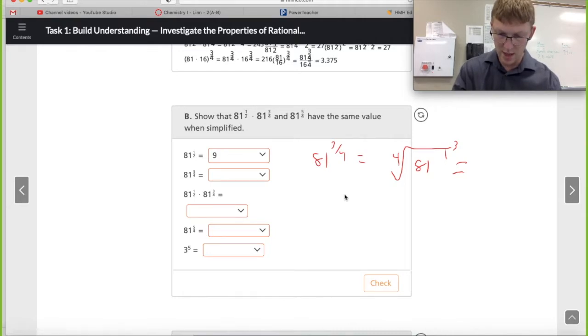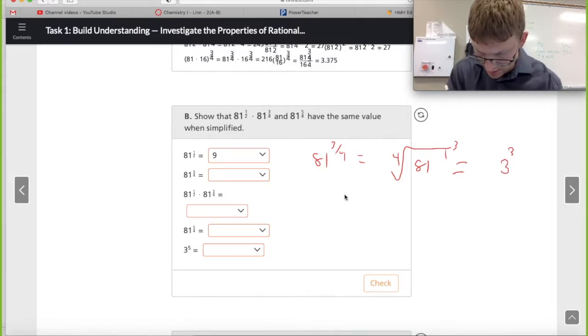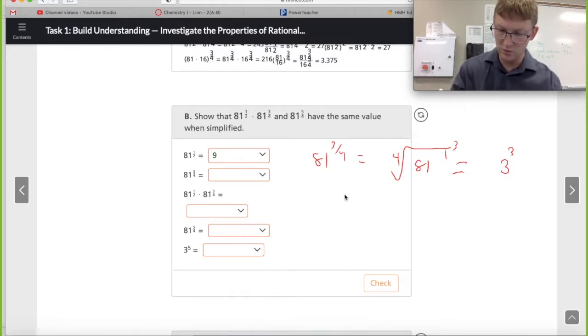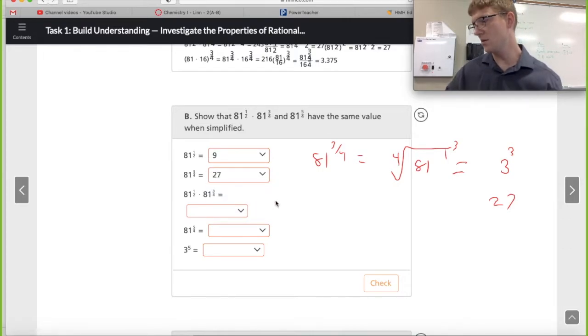So we know that the square root is 9. The square root of that 9 is 3. So it's going to be 3 cubed. 3 times 3 is 9, times 3 is 27. So then we multiply those together.